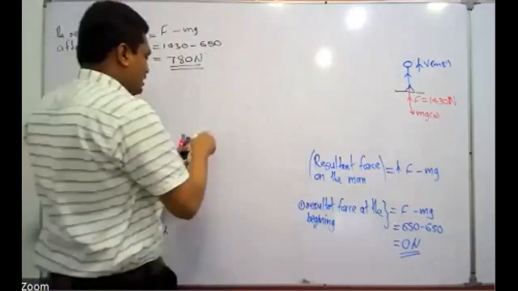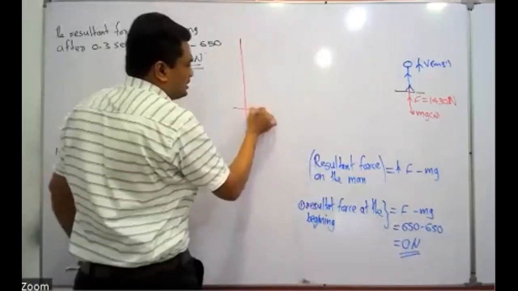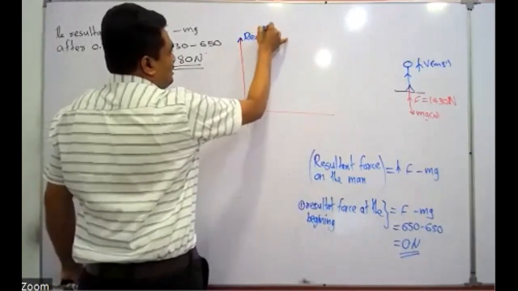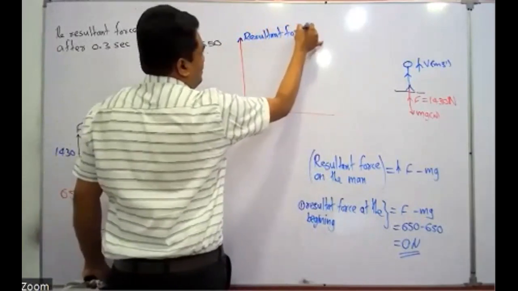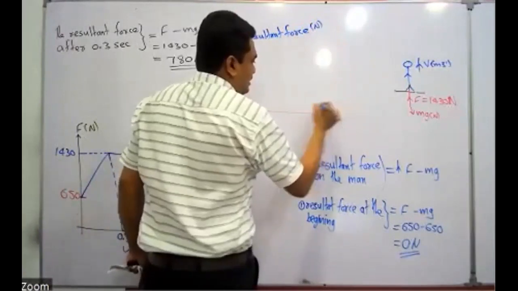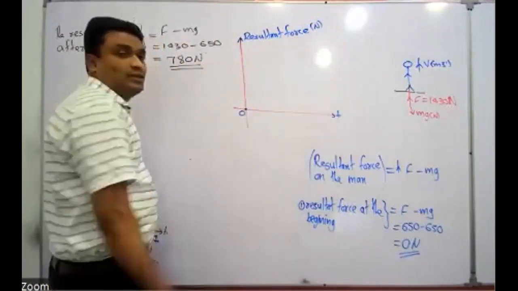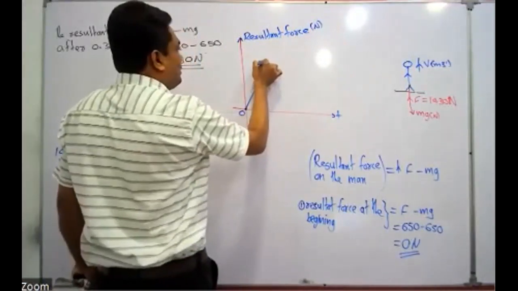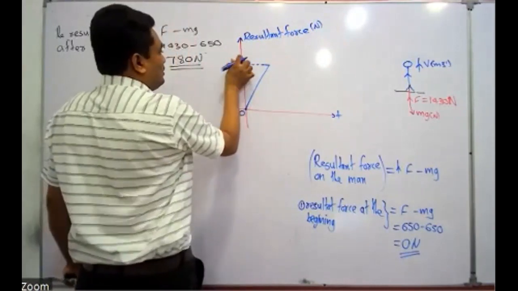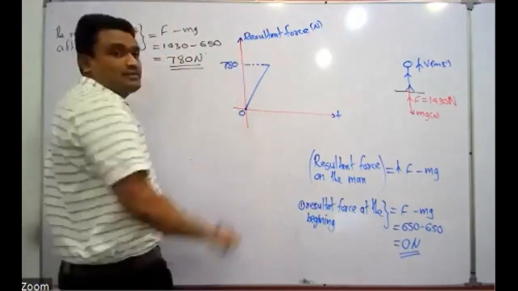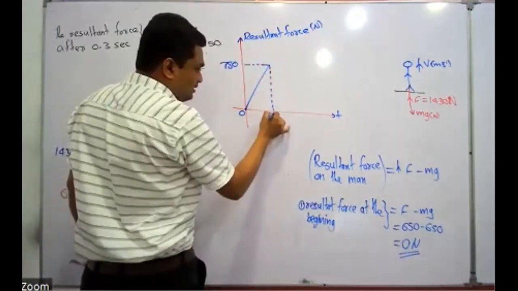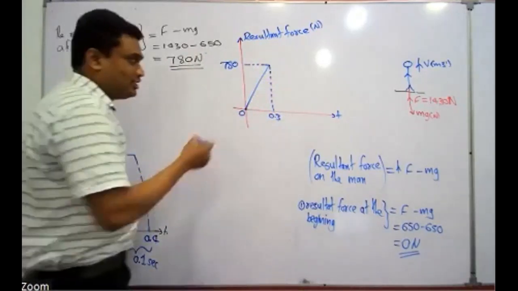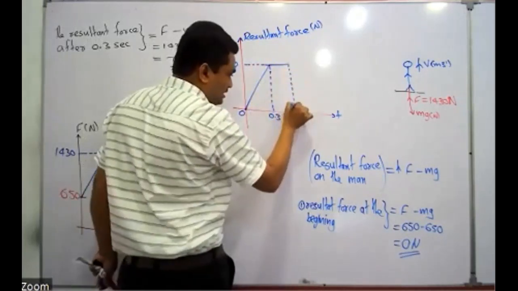That graph shows the resultant force acting on the man versus time. Initially, the resultant force acting on the man is 0. It becomes 780 Newton after 0.3 seconds, and it remains unchanged for another 0.1 seconds.